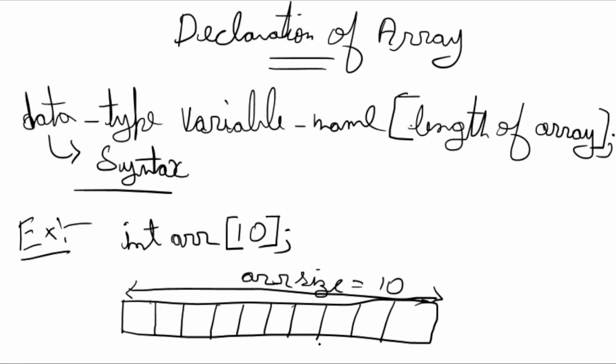And here will be your indices line. The indices will start from 0, not from 1. Remember one thing: as humans we take numbers from 1. We don't consider 0 the first number, but the computer takes 0 as its first number.